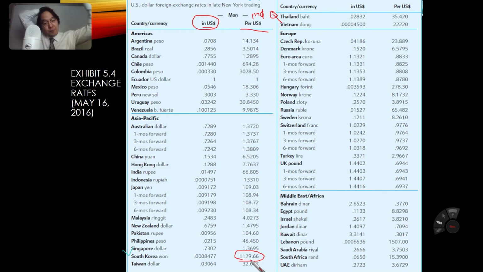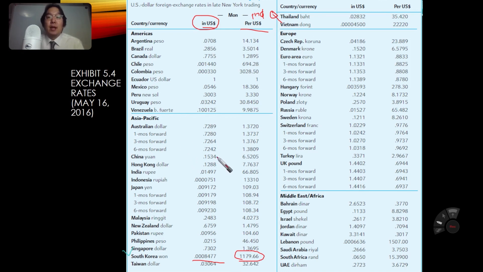And then the direct quote of South Korean won, from the U.S. perspective, 1 Korean won is 0.0008477 US dollars. That's the direct quote.